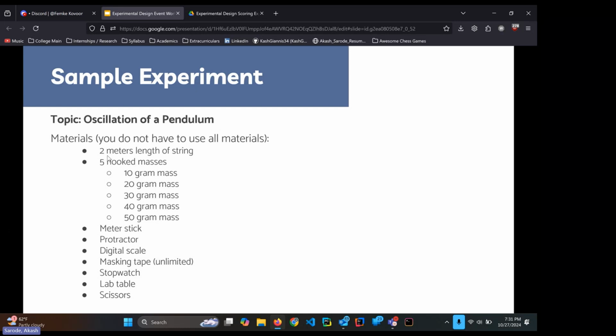So things that you have are string, hooked masses, meter stick, protractor, digital scale, masking tape, stopwatch, lab period, a lab table, and scissors. And the first thing I would consider when having this topic of oscillation of a pendulum is measuring the period of a pendulum. So basically that's the time it takes for the pendulum to swing back and forth once.